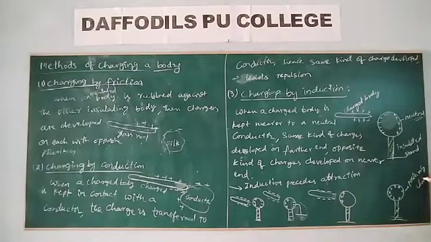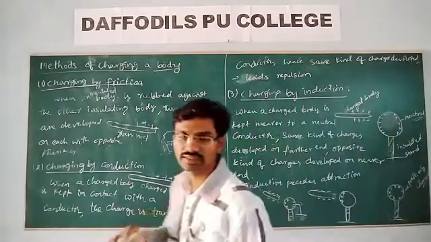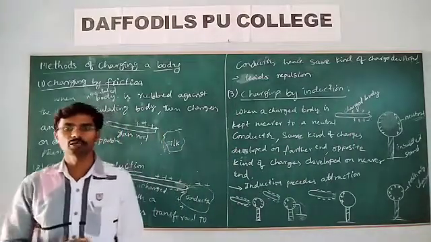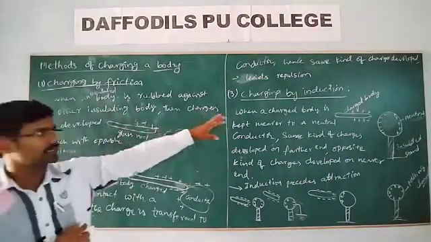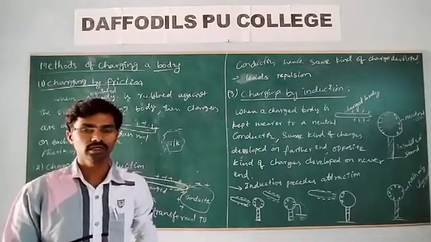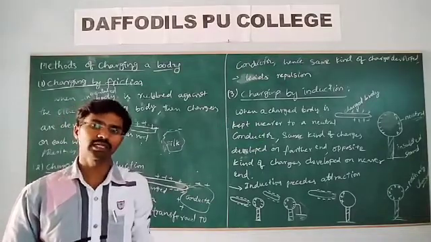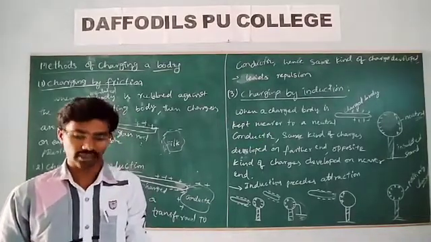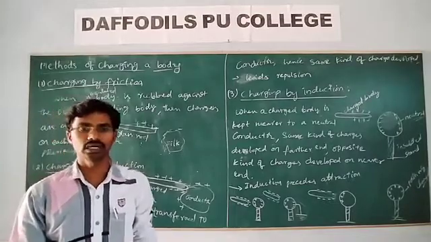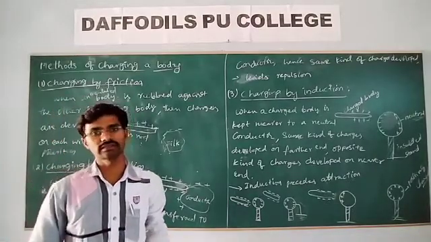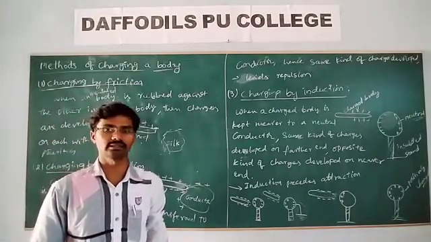This is the process of charging a body by induction. Is it okay? And what will happen to the mass of the conductor when a body is positively or negatively charged? Let us discuss now.